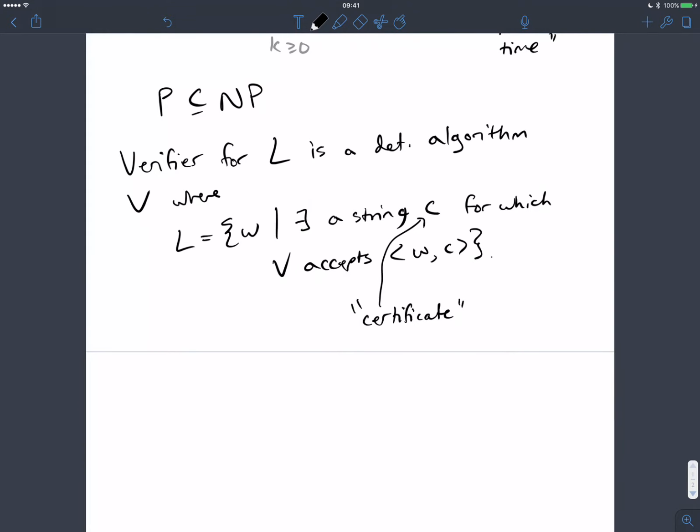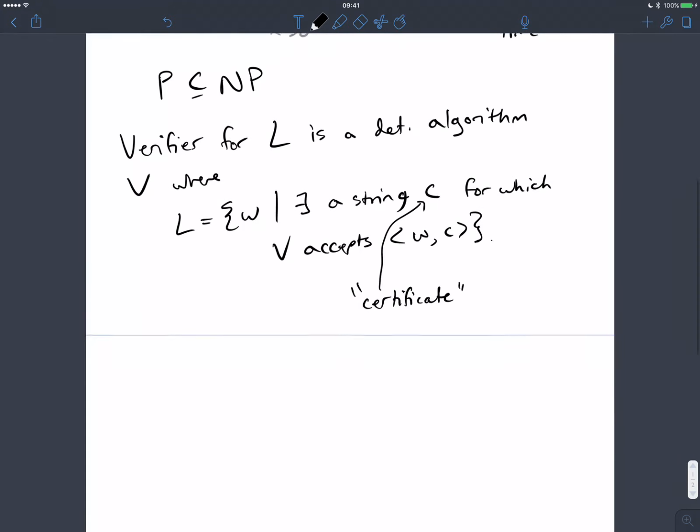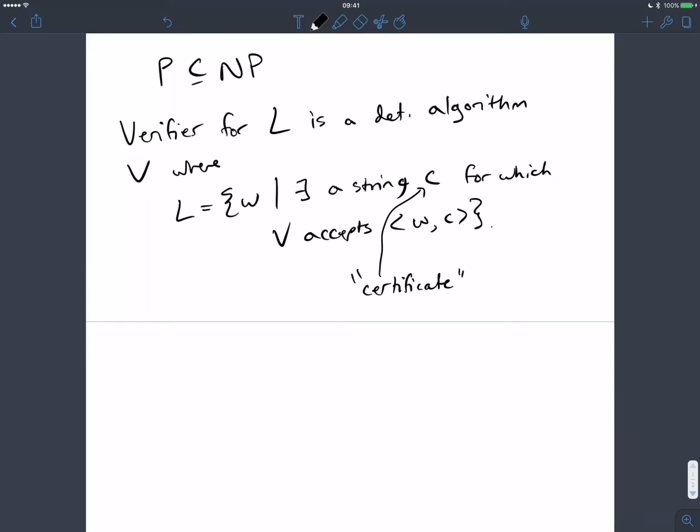So it's an analogous type thing as an enumerator for a language, but here what we want is that it's going to verify whether a given string is in the language, coupled together with a supposed proof that that string is in the language. We'll see this many times with explicit examples.